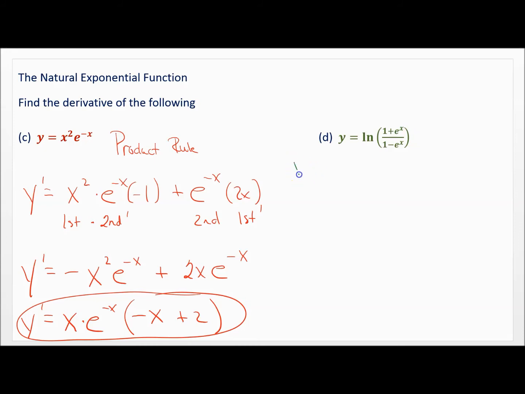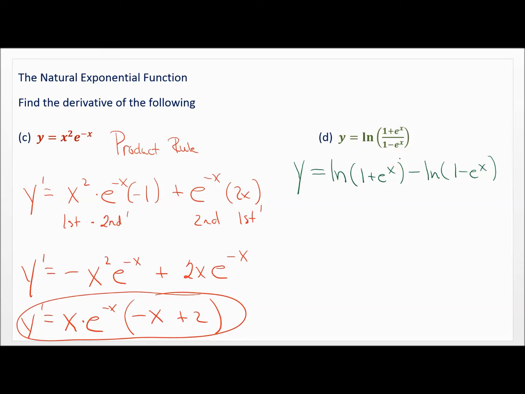So that's my advice. I'm not taking the derivative yet, although I'm trying to write it that way. There we go. Then I can split this up into subtraction. That'd be the natural log of 1 plus e to the x minus the natural log of 1 minus e to the x, right? So I use the quotient rule, not for derivatives, but for natural logarithms.